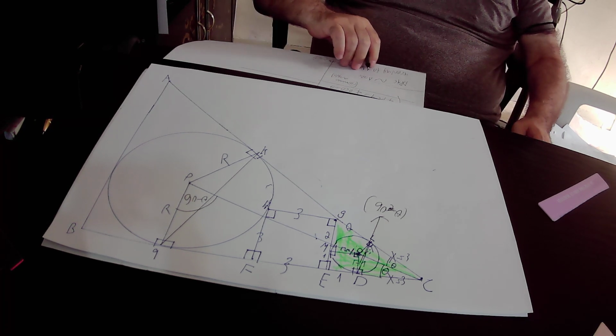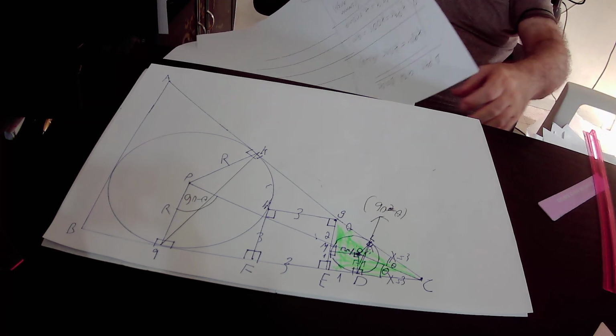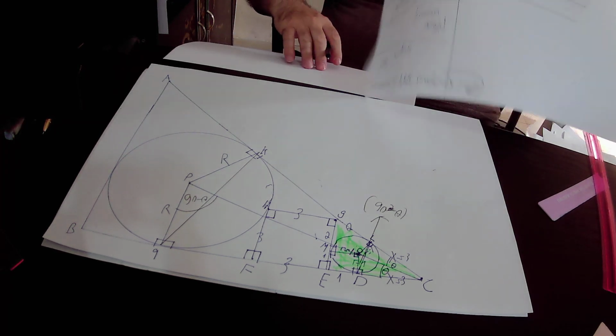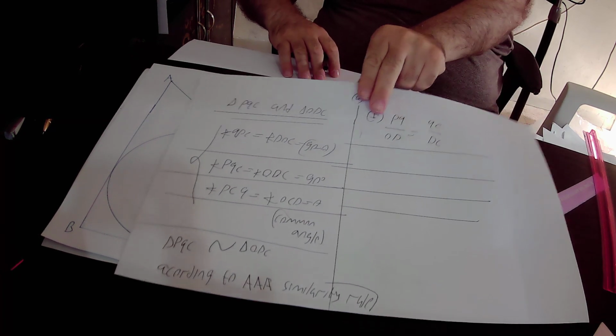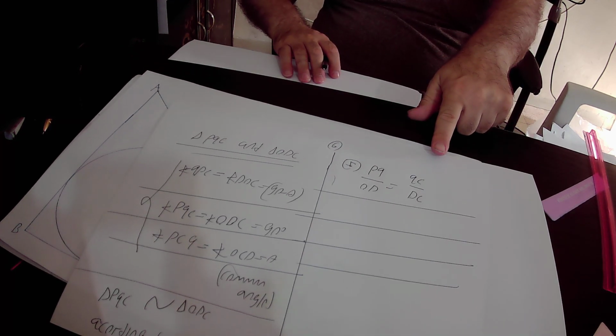Repeat again. From the fact that the two right triangles are similar to each other, we conclude that PQ over OD equals QC over DC.